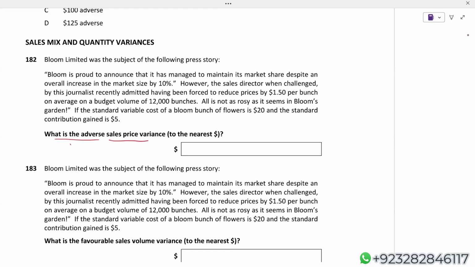Logically, when your actual selling price is lower than standard selling price, means standard selling price is higher, but actually we have sold at a lower price. So obviously, if we have sold at a lower price as compared to the standard selling price, then your sale price variance will be adverse.